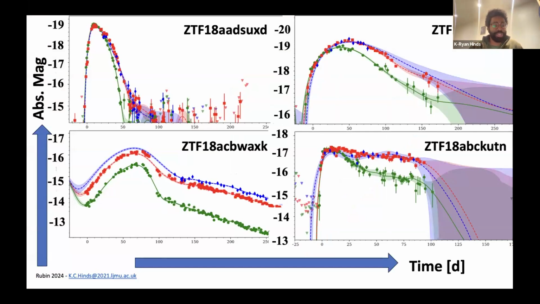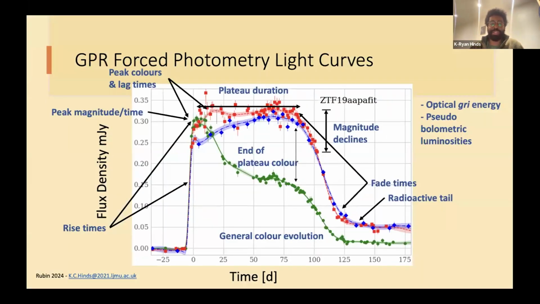So these are some of the better sampled light curves that we have in the Bright Transient Survey. But I'm able to measure as many empirical parameters as we can, basically. So things like the peak magnitude, the rise times, the peak colors, partial durations, fade times, and even get into some optical g-r energies or pseudo-bolometric luminosities by integrating under the light curves.